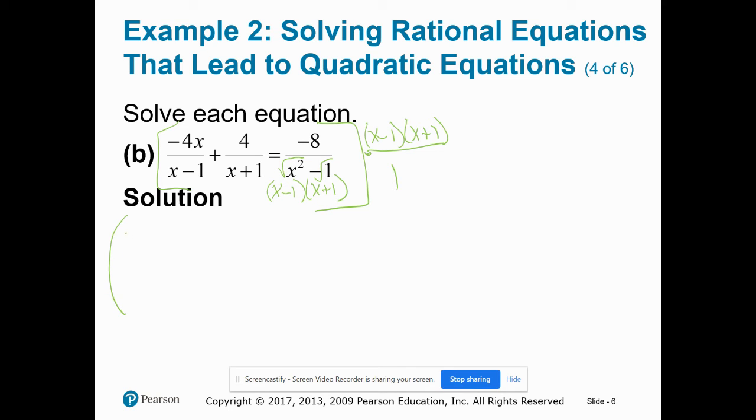So starting on the left, we have x minus 1, x plus 1 over 1 times this left side, -4x over x minus 1. Bring down your plus.